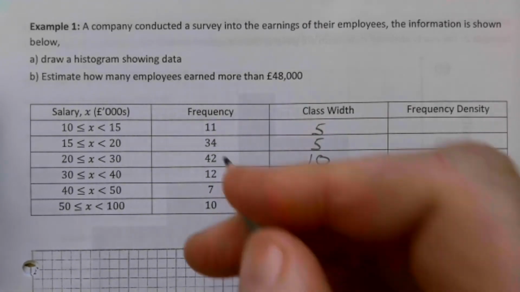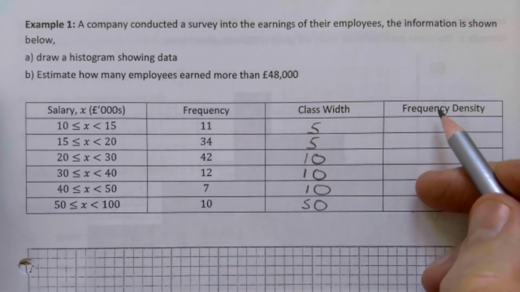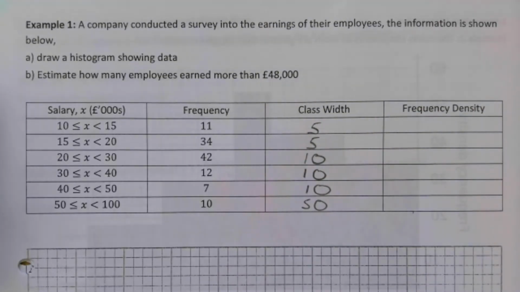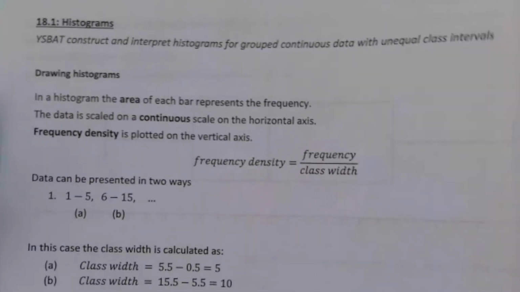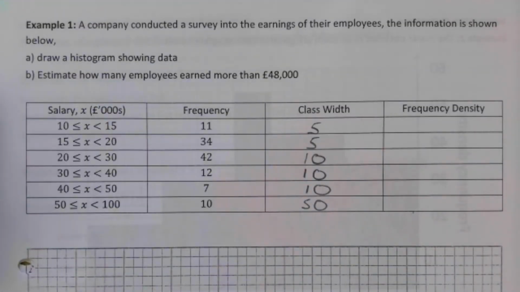So we then find our frequency density. Important wee bit here: you find frequency density, and if you look back at the previous page, you should learn this and know it, it is frequency divided by class width.